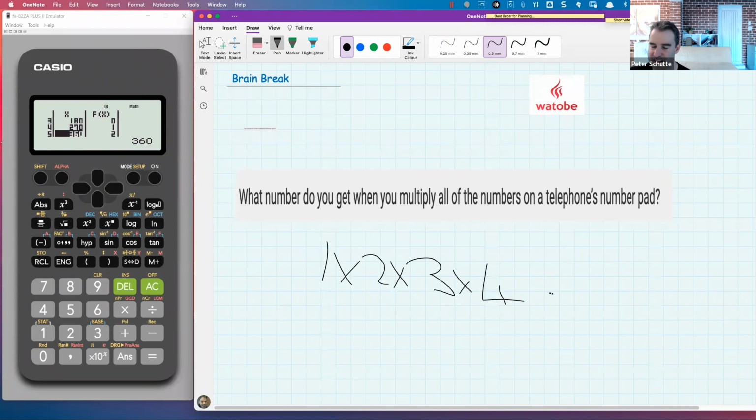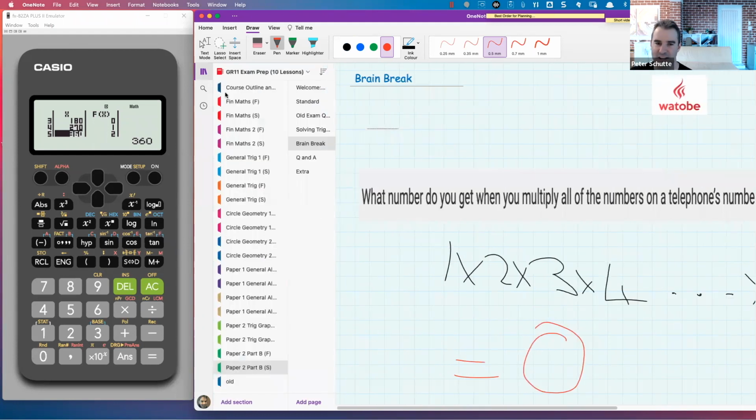But what you have figured out is that on the number pad is also a special number called 0. And so anything times 0 is just going to be 0. So well done to Dawn and to Chloe. You smashed that out the park. Chop, chop. Well done, guys. Much quicker than me.